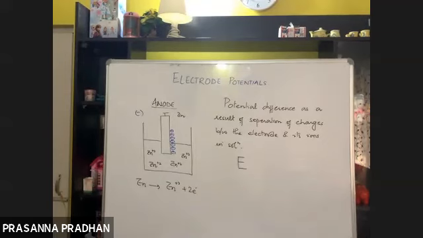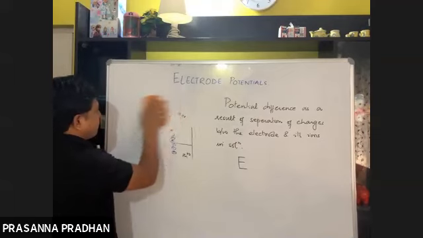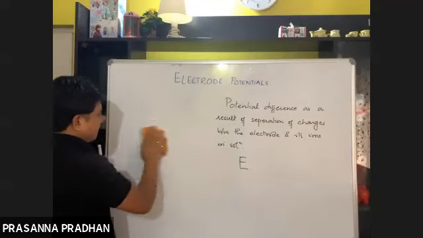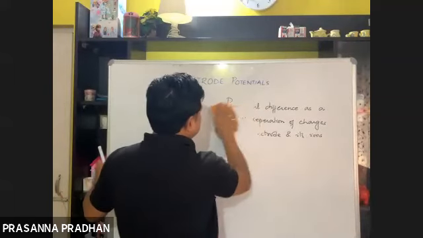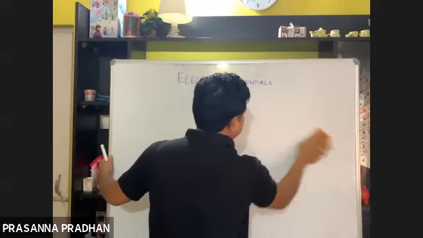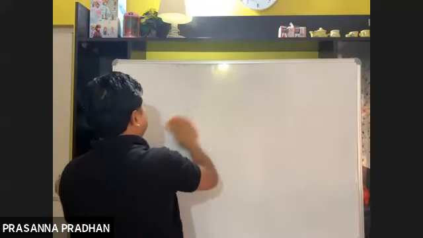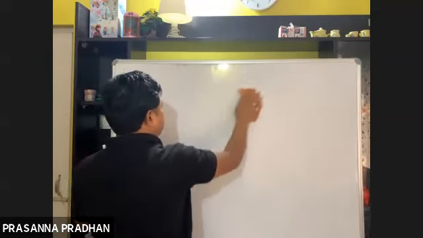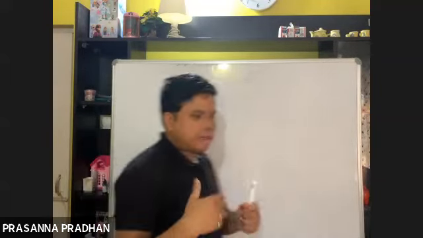Now let us see the categories of electrode potential. What are the two types of electrode potentials? Remember, again, I'm insisting, what happens at the anode?